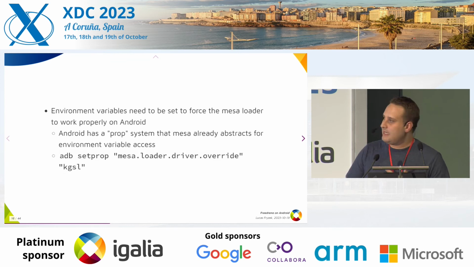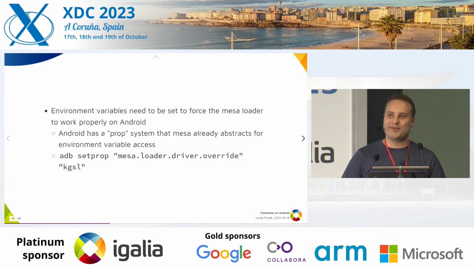Now, the other thing about this setup with the kernel mode drivers is that Freedreno also expects some environment variables to be set, and on Android, you don't really have environment variables.